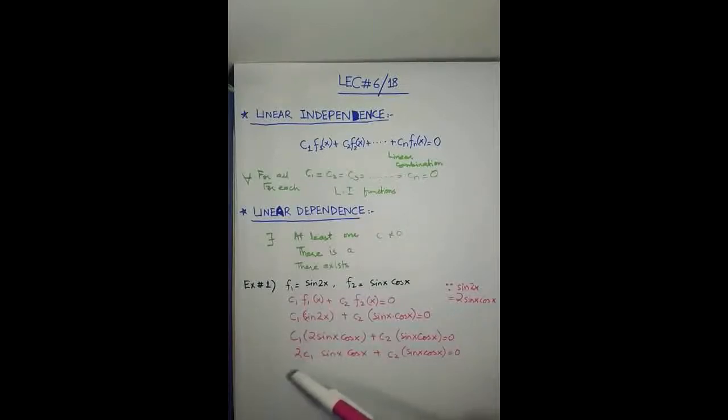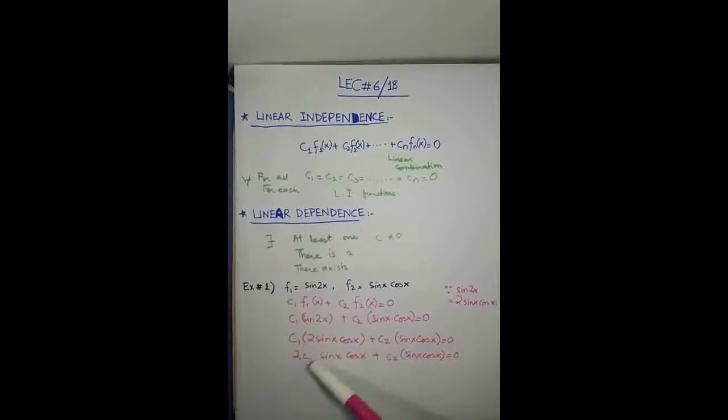If I take c1 as 1, because it is 2c1, so c1 is 1 and c2 is, let it be minus 2, yes, then this combination can be equal to 0. Okay, my guess was right.